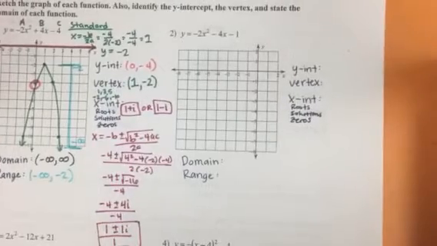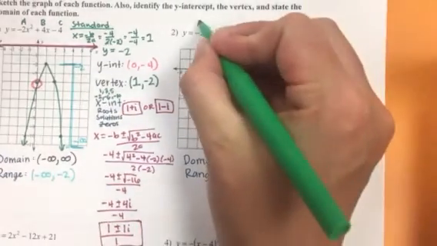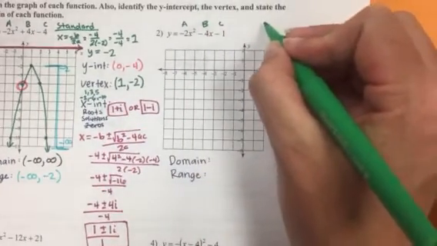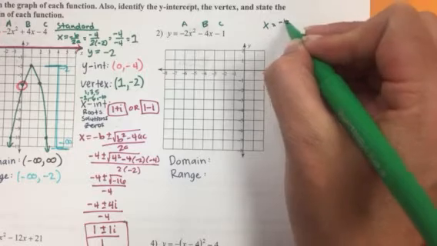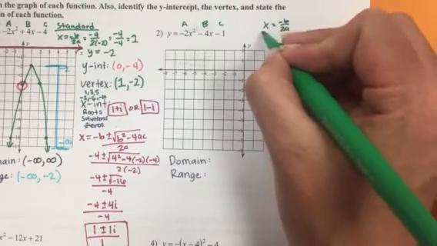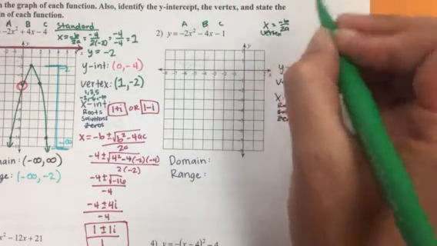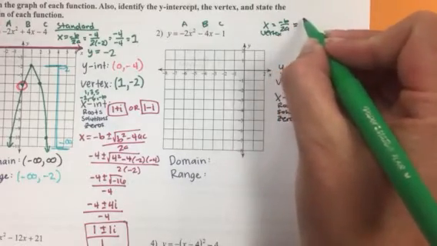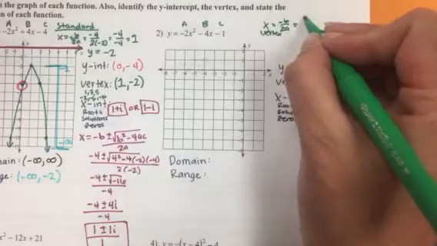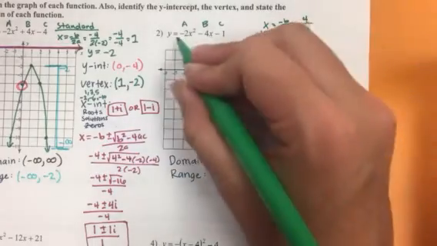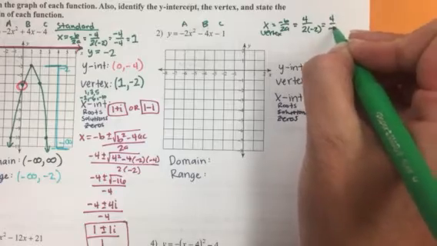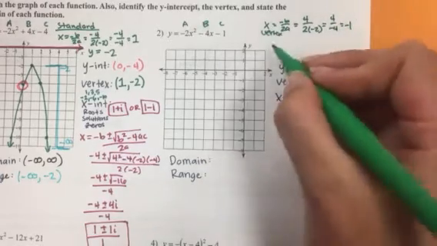All right, let's try example 2. We have a, b, c. The x is equal to negative b over 2a for the vertex, not the x-intercepts, the vertex, equals, two negatives make a positive 4 over 2 times negative 2. 4 over negative 4 is a negative 1.